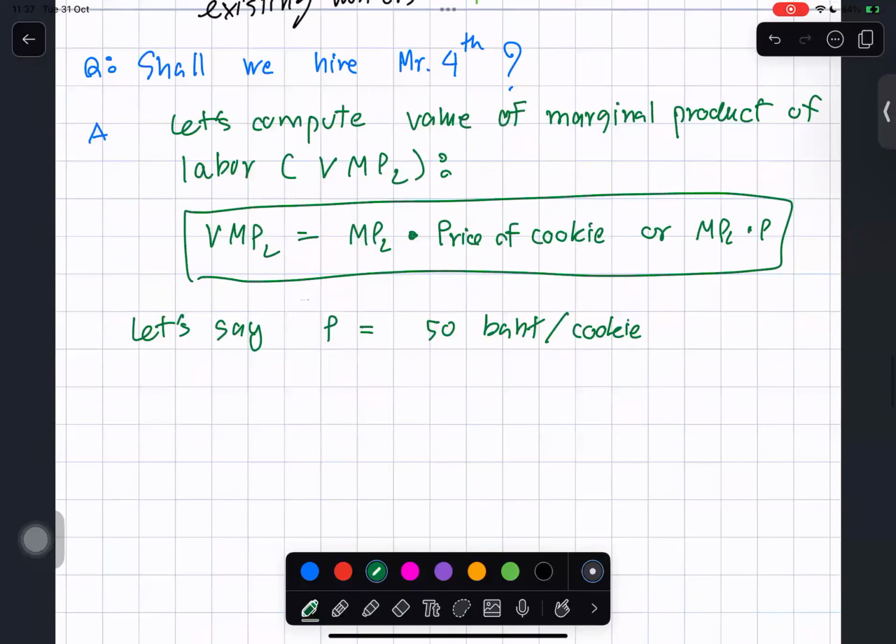Let's say price of cookie when we sell it in the market is 50 baht per cookie.